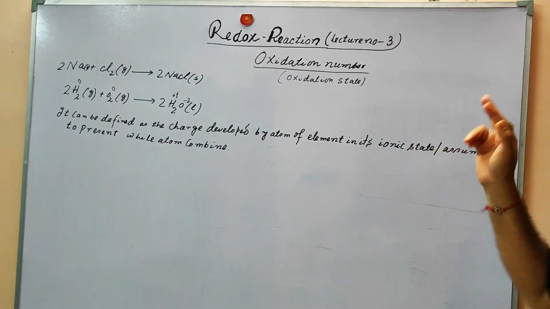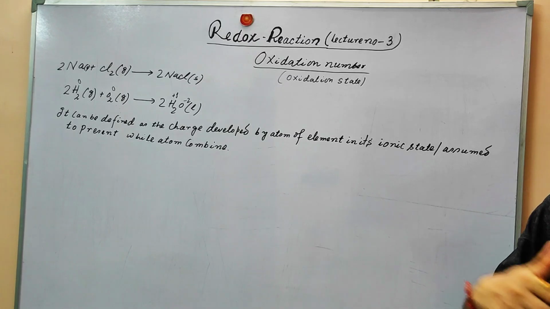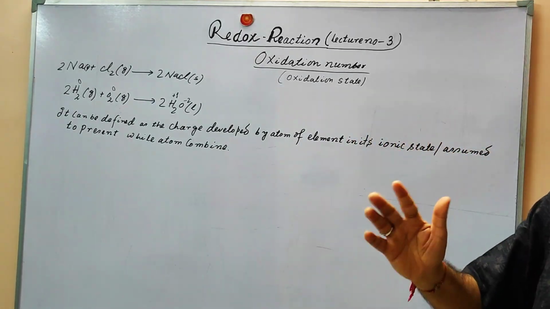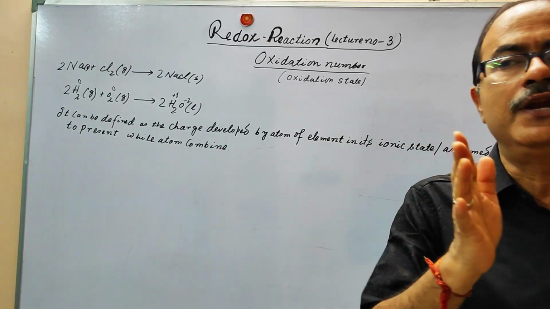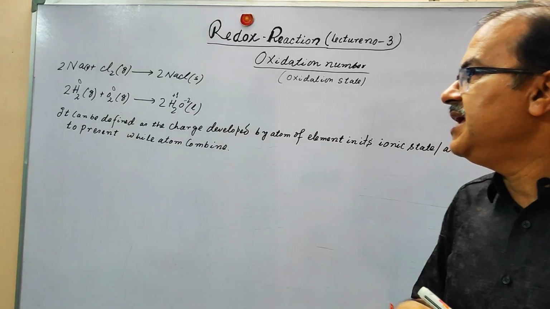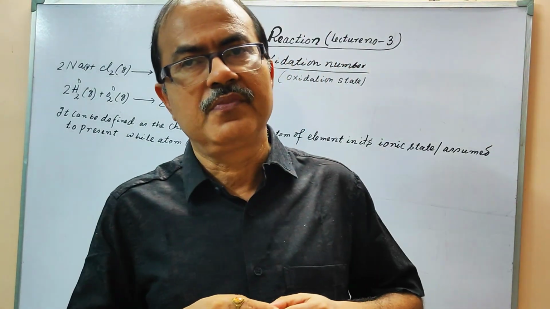Assumed to be present in the case of covalent bonding, because in covalent bonding there is no shifting of the electron pairs, but we assume that the electron has been transferred to the more electronegative element, and at that time we call this the oxidation number or oxidation state.